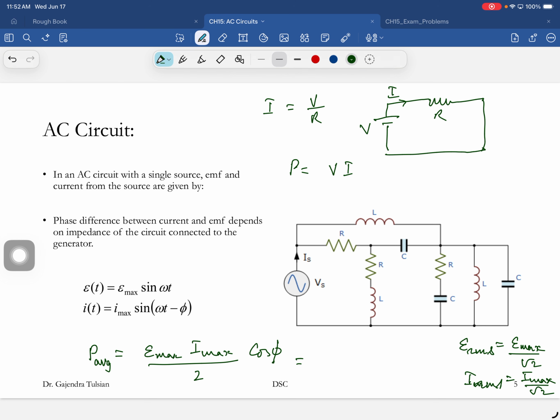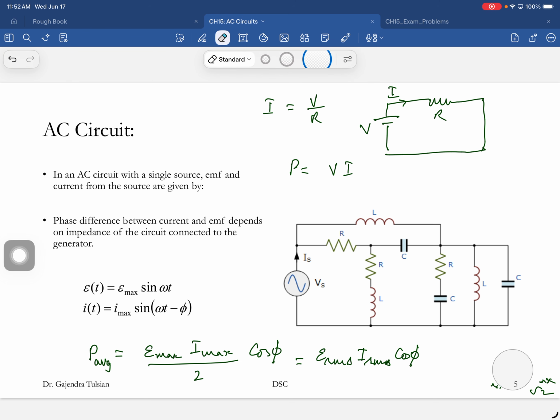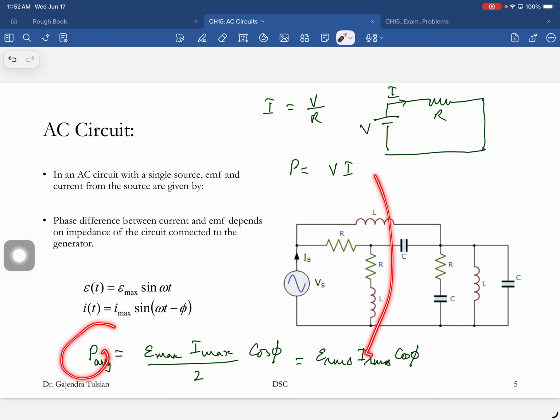So now we'll write this as E RMS, I RMS cosine phi. All right, one of the things you'll see is we want to write all our expressions just like for the DC circuit. All right, so this term is almost exactly like that except for this extra term. You can't escape that. Okay.